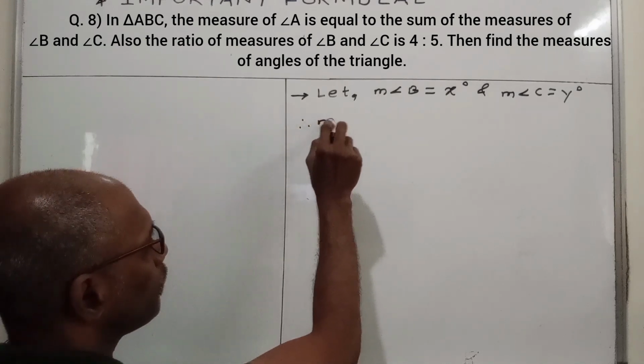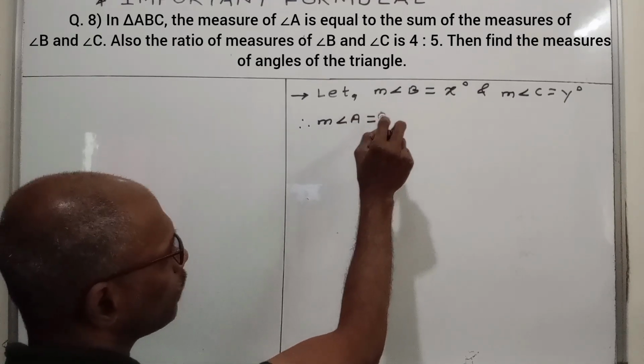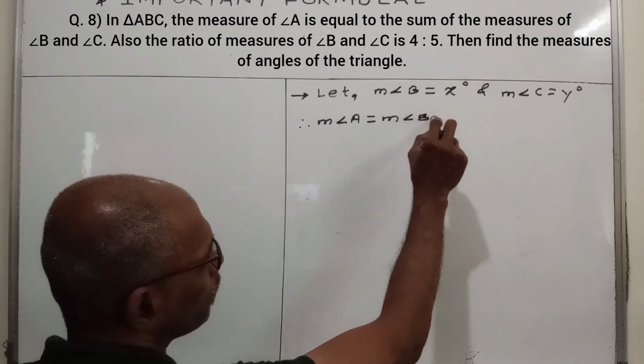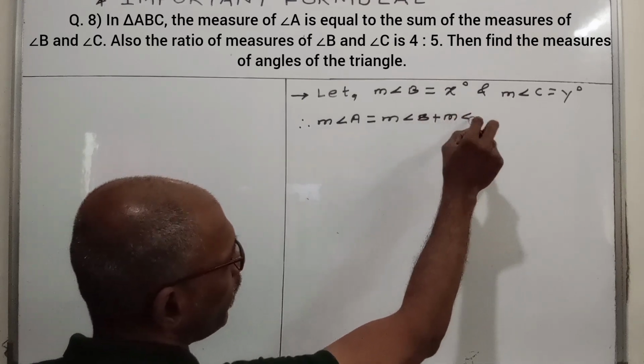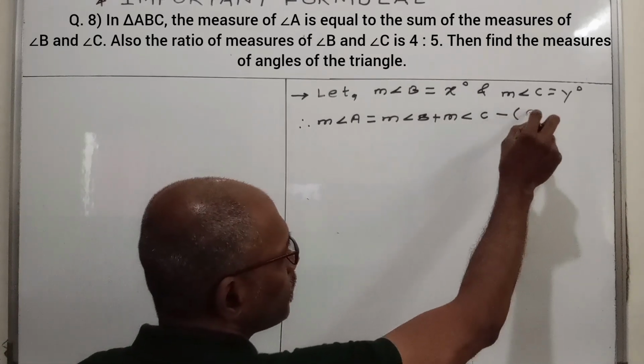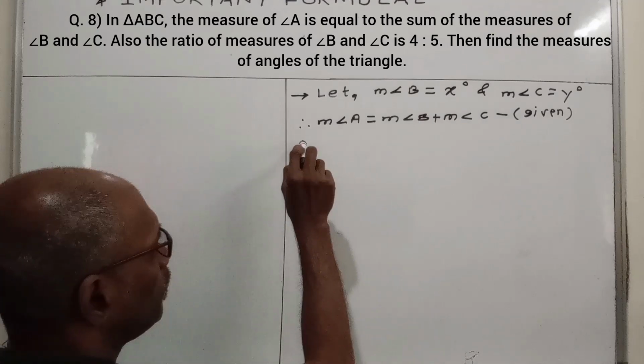Therefore, measure of angle A is equal to measure angle B plus measure angle C. This is given.